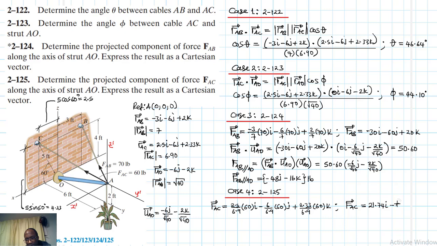This is a 52.17j, and then we have plus 2.33 times 60 divided by 6.9. This is a 20.26k.